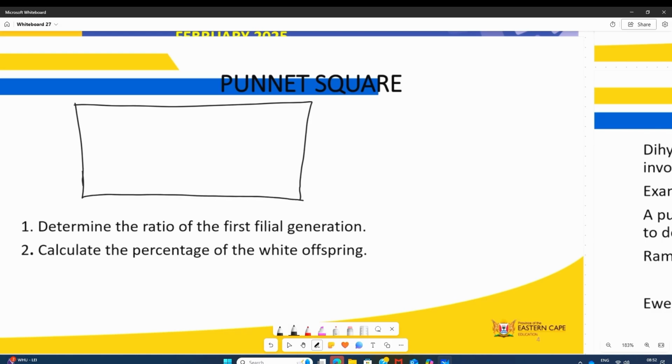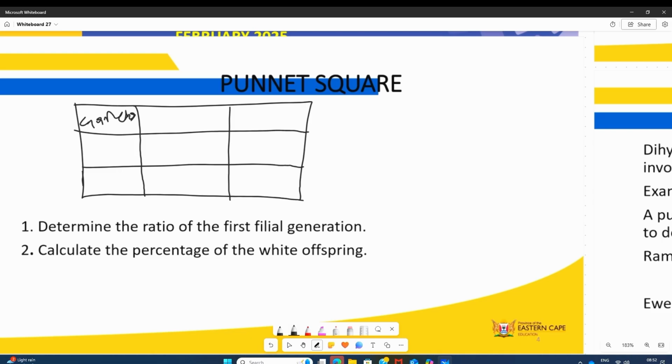For a monohybrid cross, you draw a square, 2 lines down, 2 lines across. This is a correct Punnett square for a monohybrid inheritance. Then the first box, we only write gametes. Gametes in the first square.